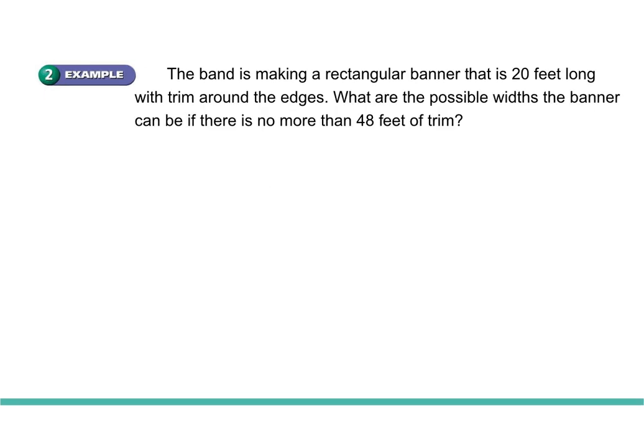Example 2, the band is making a rectangular banner that is 20 feet long with trim around the edges. What are the possible widths the banner can be if there is no more than 48 feet of trim? All right, so when we're talking about trim, we're dealing with perimeter. So if we have a rectangular banner, all of our sides are going to add up to 48, or at most 48.